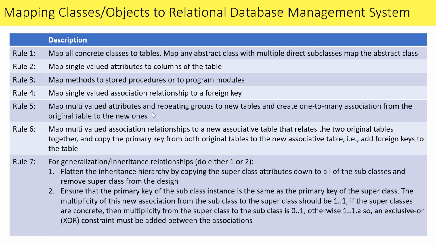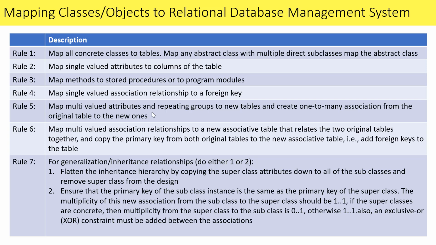So in summary, when you want to map, create a table for each concrete class, and in those tables create a column for each single valued attribute of those classes.